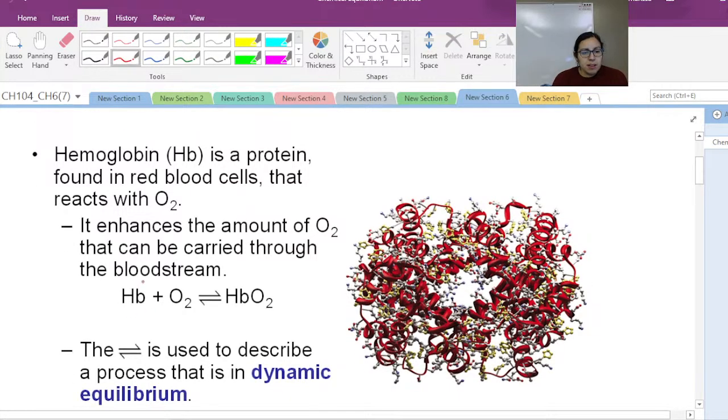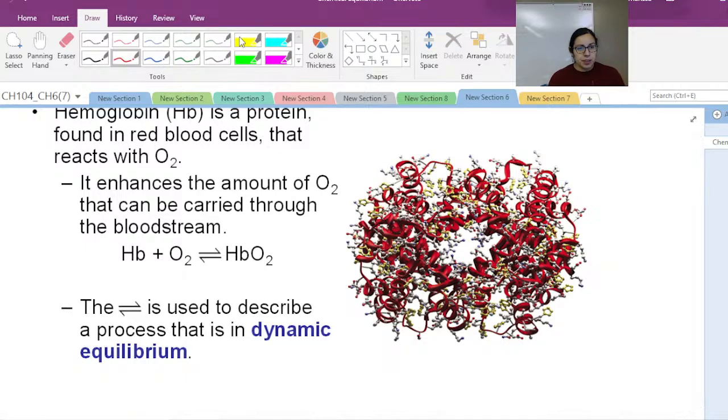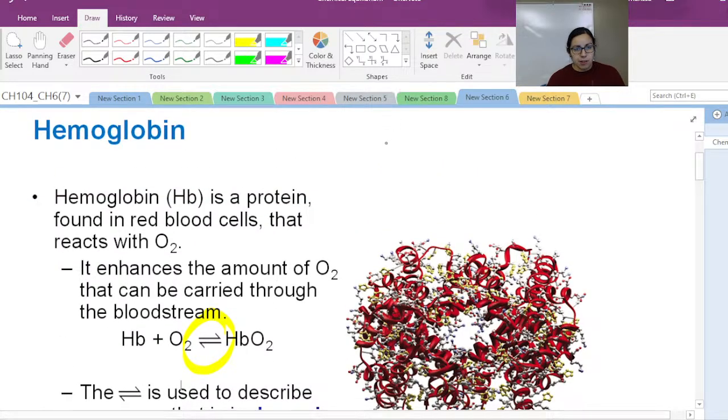And so it mainly binds to the iron, but it wants us to think about this as a dynamic equilibrium. And so first of all, let's note our equilibrium arrows. So there's these half arrows. So that is equilibrium.